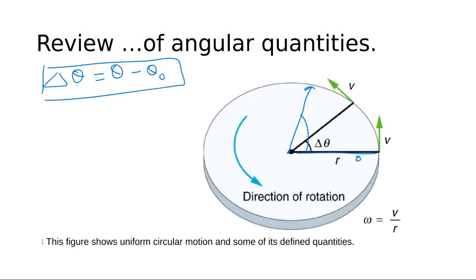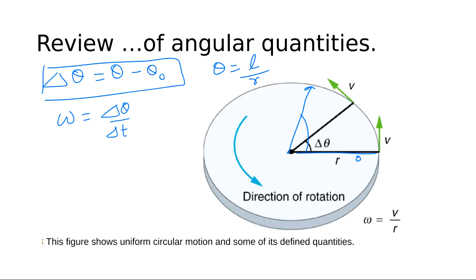Similarly, we can look into angular velocity. Angular velocity is nothing but angular displacement over change in time. And if you remember, we discussed that theta has a relationship with arc length and the radius of the rotating sphere or circle.